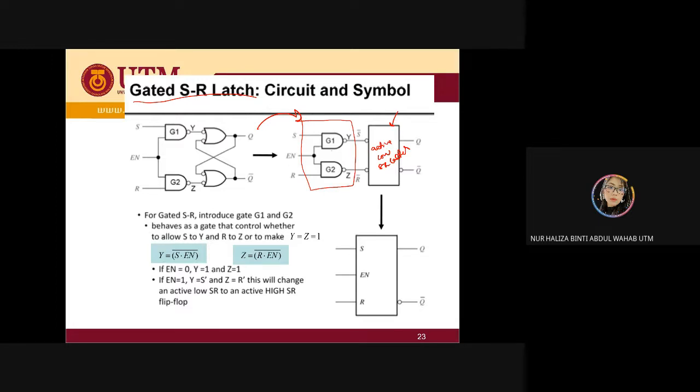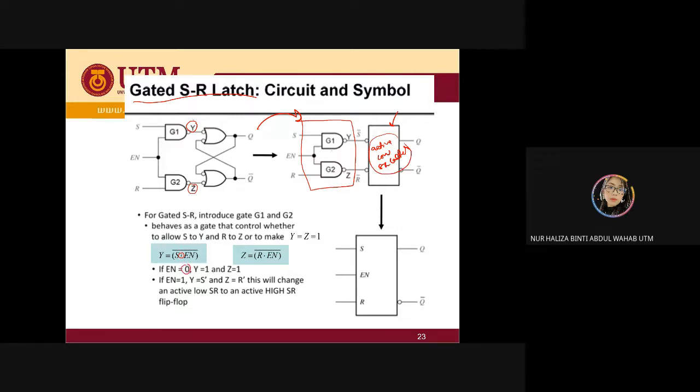And you have Y, which at this side is equal to S bar EN dot, and another one is your Z here at this part, which is R dot EN bar. And you can see these as the inputs of your active low SR latch.